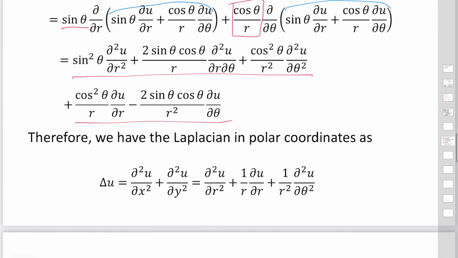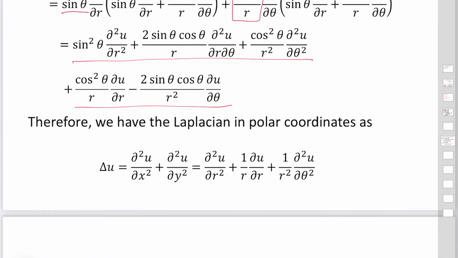Then by summing up the second partial derivatives of u with respect to x and y, we find the Laplacian. The Laplacian of u is given by the sum of the second partial derivatives of u with respect to x and y. If you substitute the equations, it is really simplified.